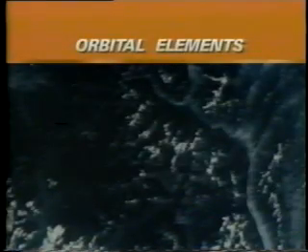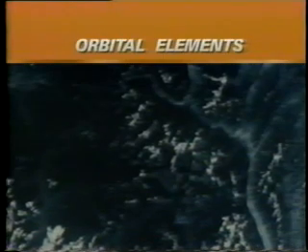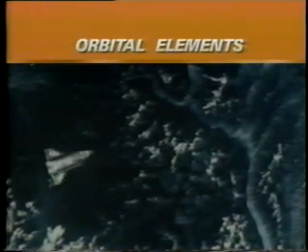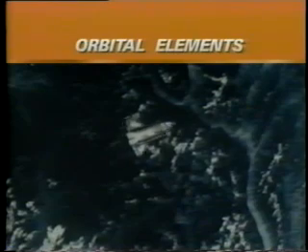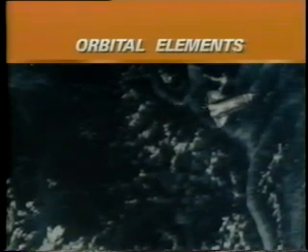There are 6 numbers called the orbital elements, which specify the size, shape, and orientation of an orbit in space, as well as the location of the spacecraft in the orbit.